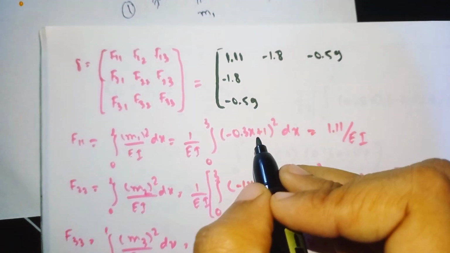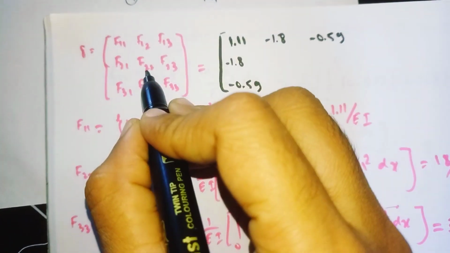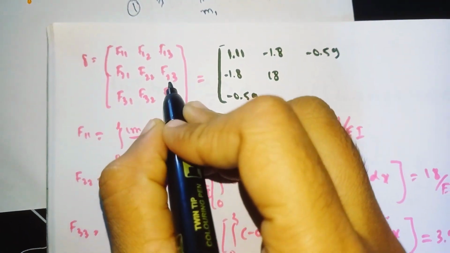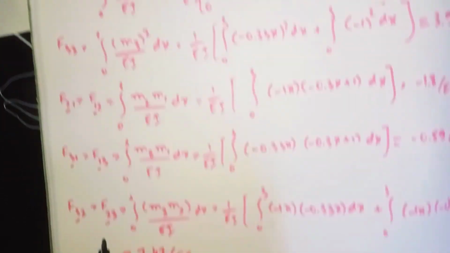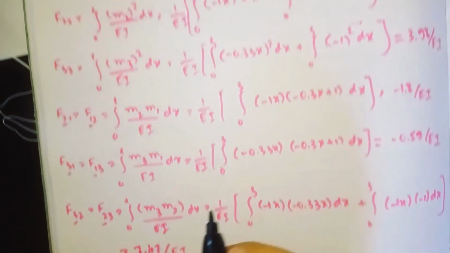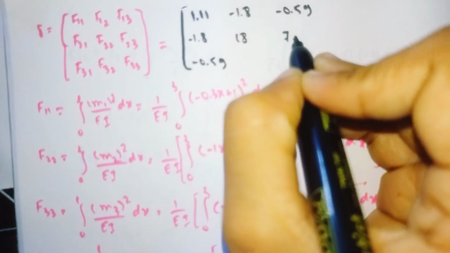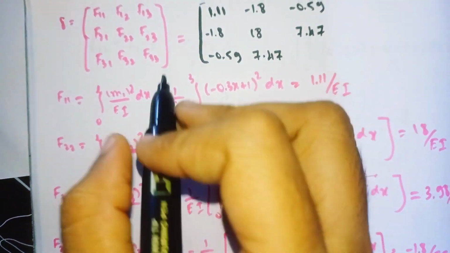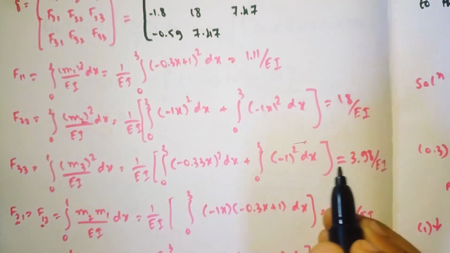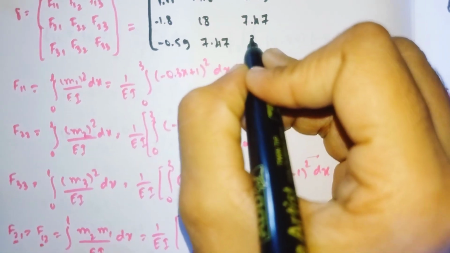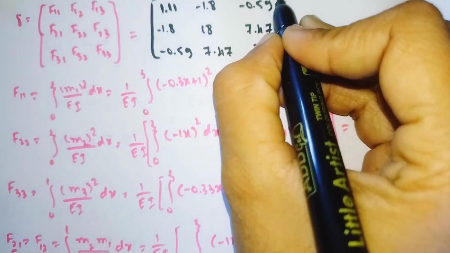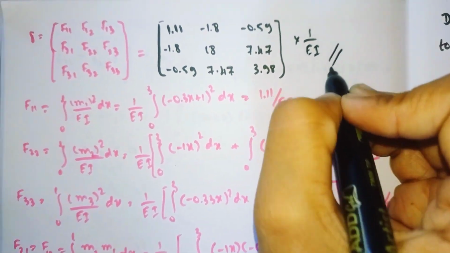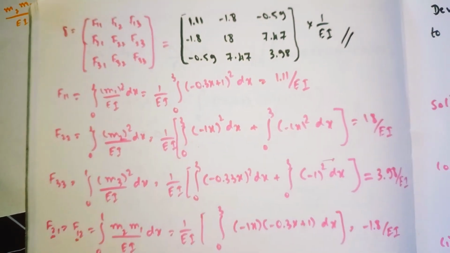And our F22 value we got was 18. So 18, and the F23 value we got was 7.47. Here also 7.47. Finally, our F33 value we got was 3.98. So I'm taking EI outside, 1 divided by EI. So this is how we need to fill the flexibility matrix.